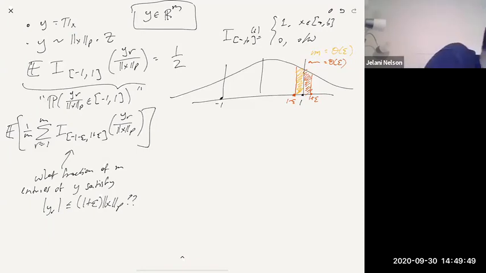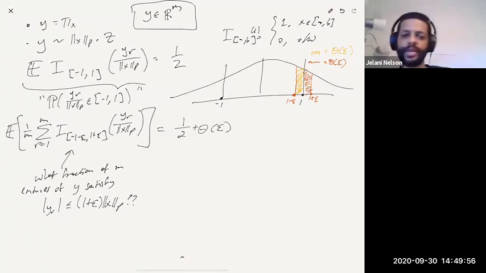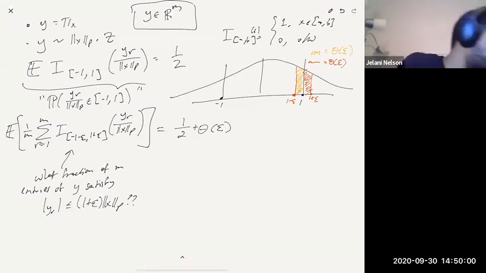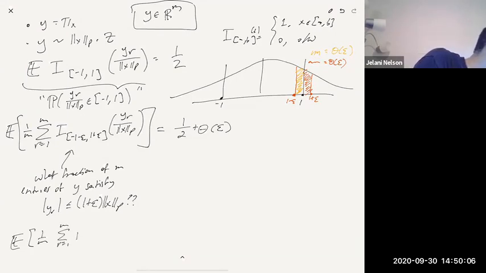So by linearity of expectation, this is a half plus theta of epsilon. Does that make sense? Similarly, if I look at the expectation of 1 over m, sum r goes from 1 to m, of the indicator of -1 plus epsilon, 1 minus epsilon applied to y_r over the LP norm.